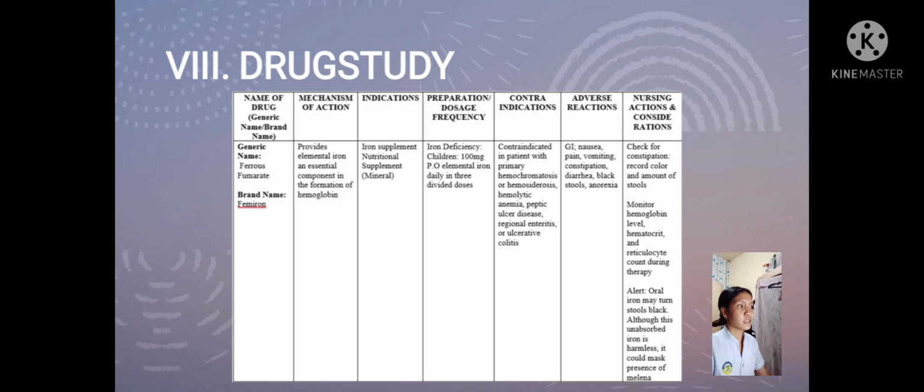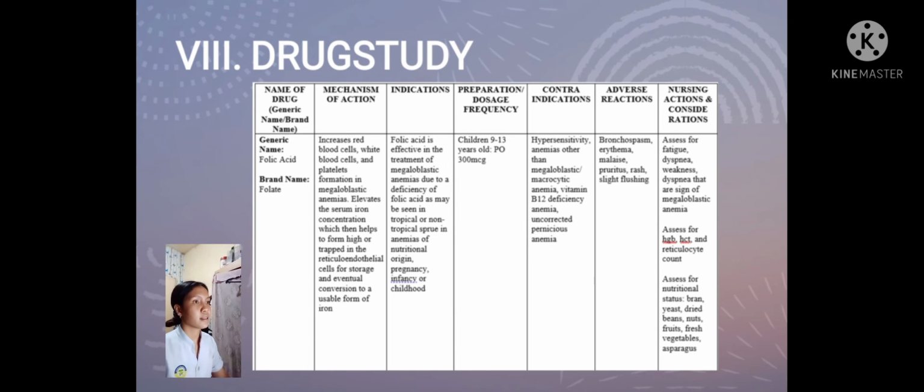Nursing action and consideration: check for constipation, record color and amount of stool, monitor hemoglobin level, hematocrit, and the reticulocyte count during the therapy. Alert: oral iron may turn stool black. Although this unabsorbed iron is harmless, it could be mistaken for blood.